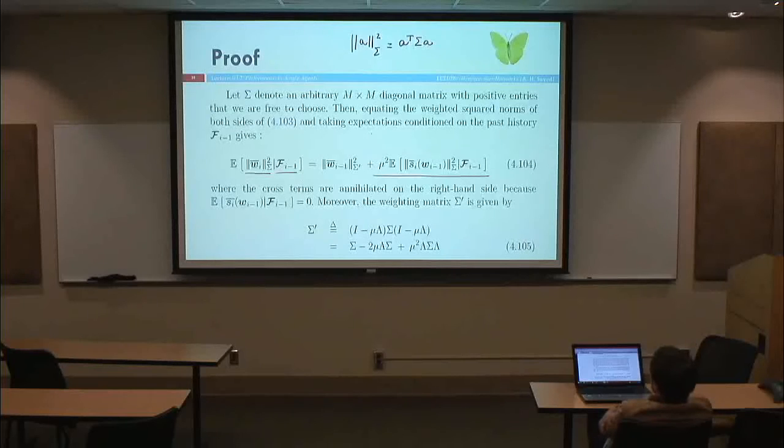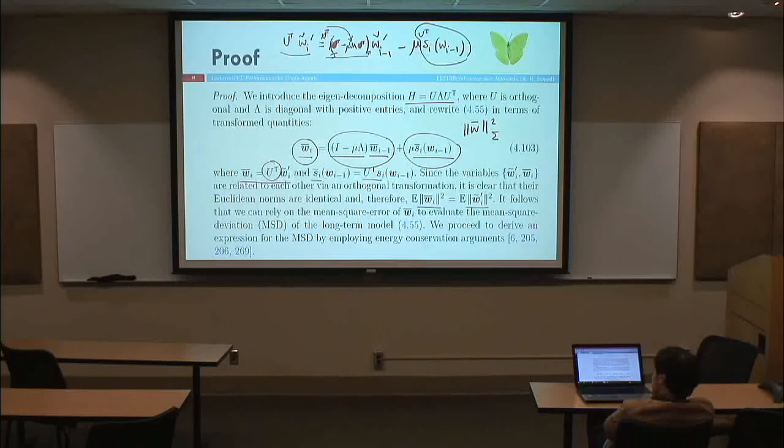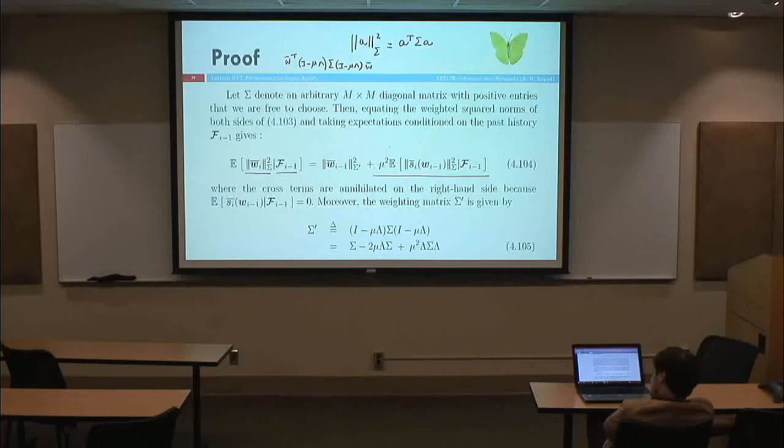Now, square this with sigma. So you will get W bar transpose I minus mu lambda times itself times sigma times I minus mu lambda times W bar again, right? When you square, take the transpose of this times sigma times itself. That's what you get. So here it is.